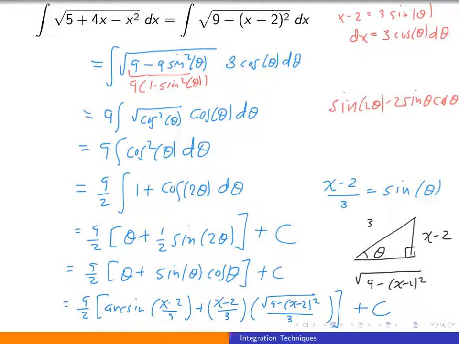Now just a few observations here. One, many of the integrals that we encounter will require multiple techniques of integration. So it is very reasonable to first have to do maybe a u substitution or some algebra like completing the square before getting to the trigonometric substitution.